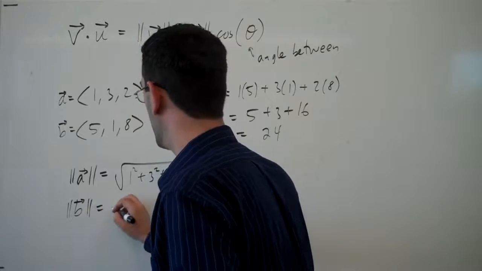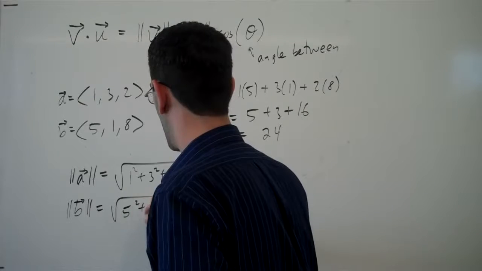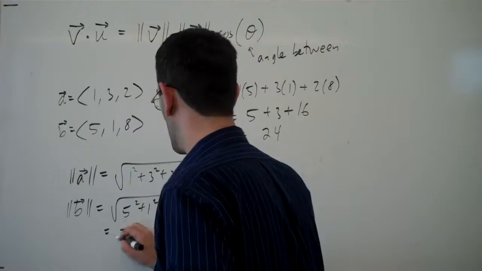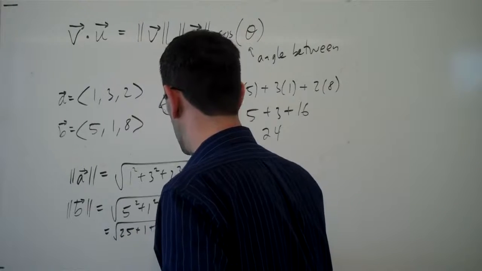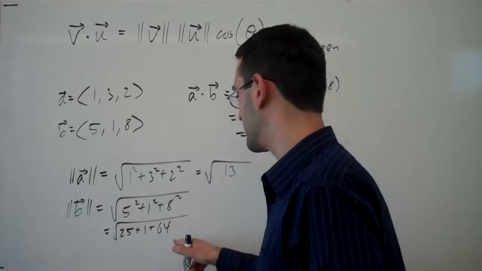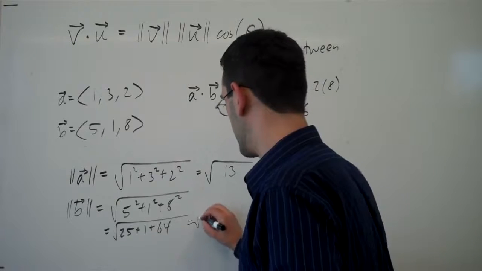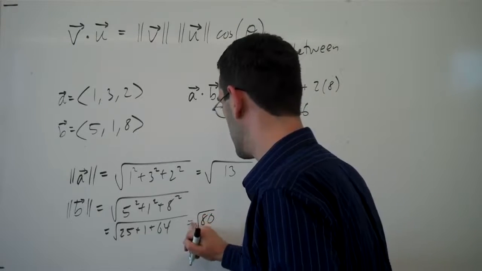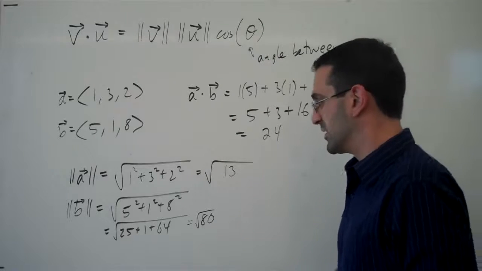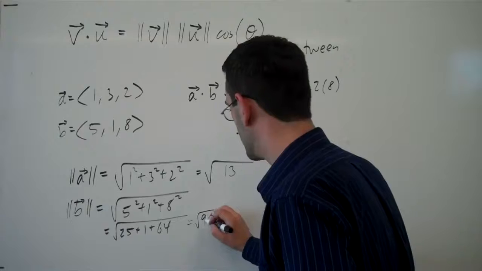Magnitude of the vector B is 25 plus 1 plus 64, so that is the square root of 90.